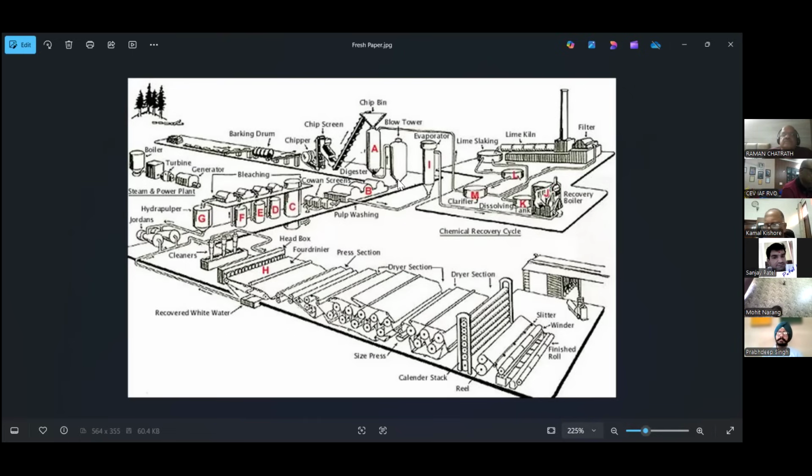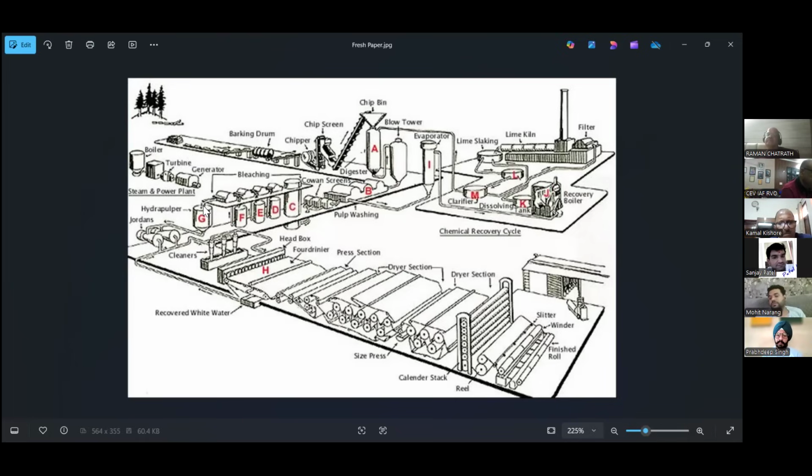Okay, so solid converts into pulp, semi-liquid, and this pulp goes to the various screeners. So whatever the undigested part in form of knots, it will be screened out, and smooth pulp goes to the bleaching process. What do you mean by the bleaching? Cleaning, whiteness cleaning.